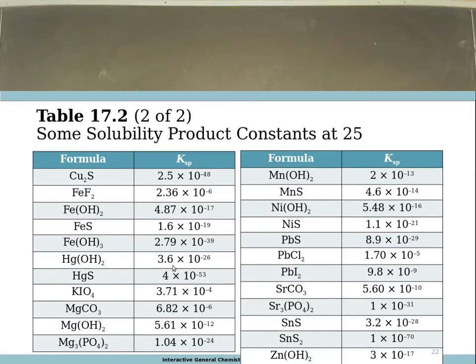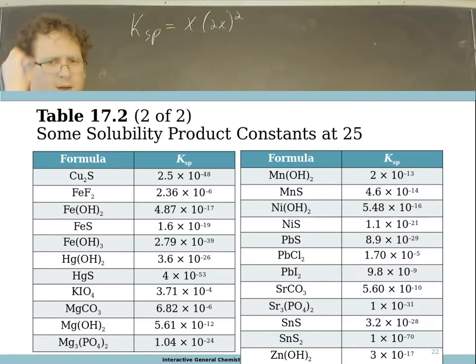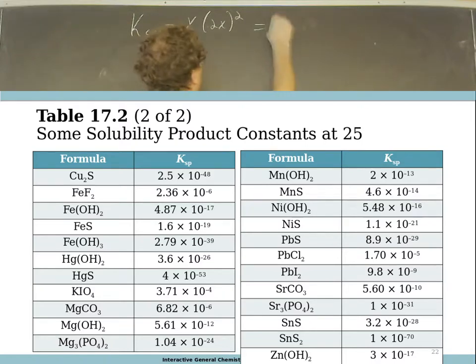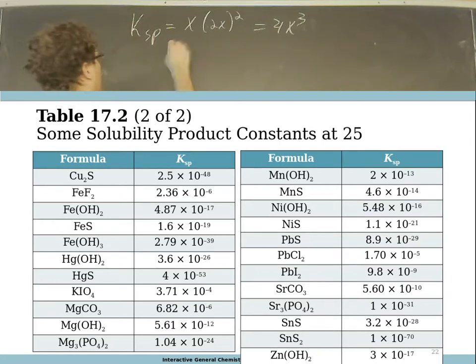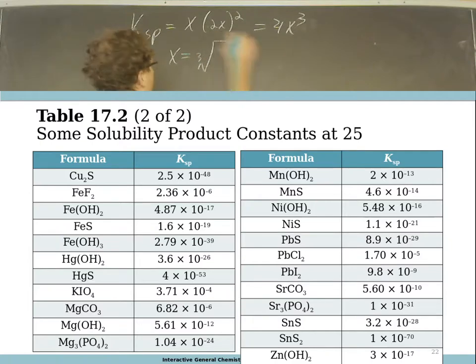So it has a solubility product of 3.6 times 10 to the negative 26. And if we just solve that naively, then we would say KSP is going to be equal to x times 2x squared, right? And that's going to be 4x cubed. And so we'll get a value of x equal to the cube root of KSP over 4.